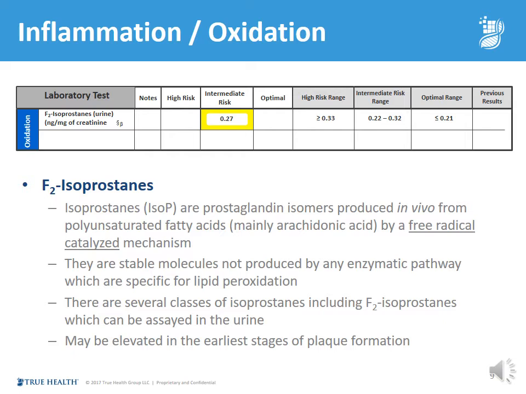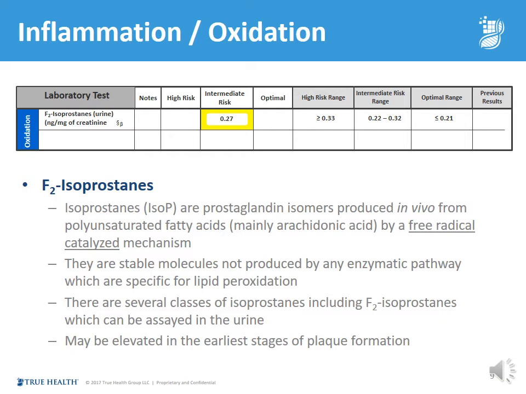Isoprostanes are pretty much formed by free radical catalyzed mechanisms. They are stable molecules. They are not produced by any enzymatic changes of fatty acid. It's oxidation that creates them. So F2 isoprostanes are specific biomarkers of lipid peroxidation. There are many classes, and it's the F2 class that can be easily assayed in the urine.